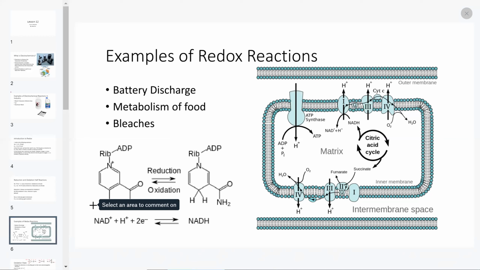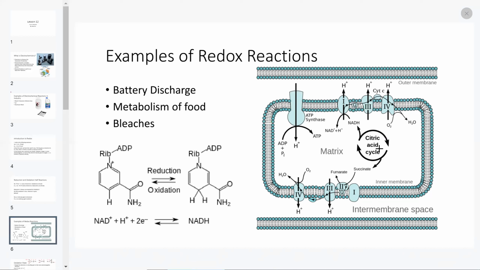And when this reaction happens, it actually produces these H+ ions, which enter the intermembrane space, the space in between the inner and outer membranes, which actually becomes rather acidic. So now we have this difference in pH.